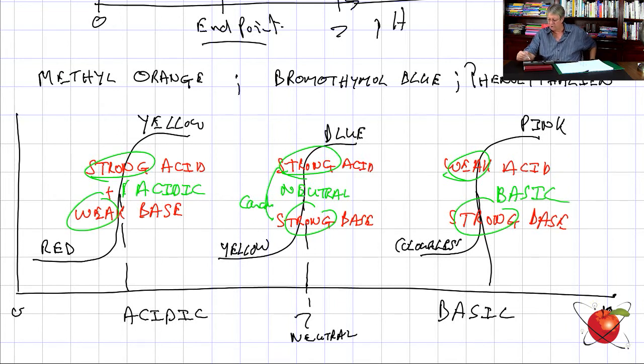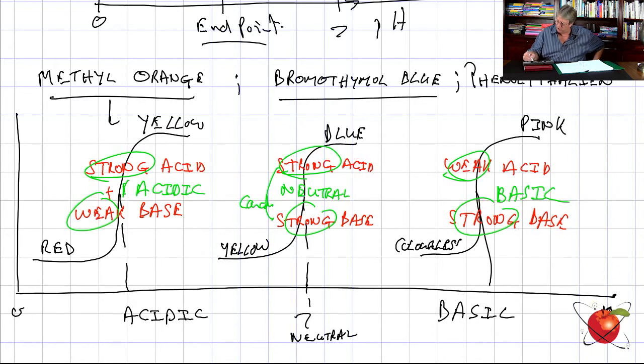So you'd want to choose an indicator, if you're mixing a strong base and a weak acid, ethanoic acid and sodium hydroxide, you would need to know that your end points are going to be in the basic zone. Therefore, you would be using phenolphthalein, because I put them in the order that you need to know them: methyl orange, bromothymol blue, and phenolphthalein, which is pink.